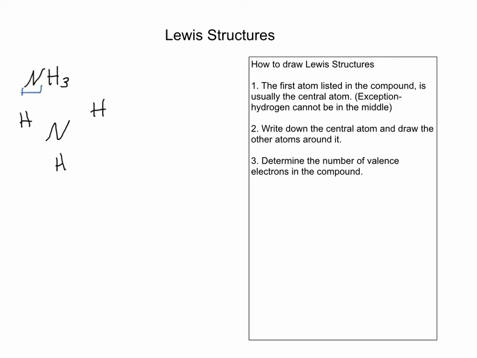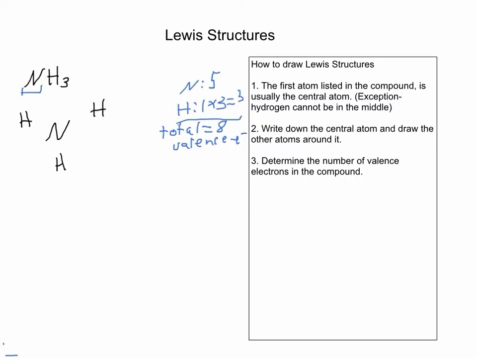So off to the side we're going to write, well, nitrogen has 5 valence electrons, and hydrogen has 1 valence electron, but because we have 3 hydrogens, we're going to have 1 times 3 valence electrons, so we'll have 3 valence electrons coming from the hydrogen, which gives us a total of 8 valence electrons. So we have 8 valence electrons in this compound.